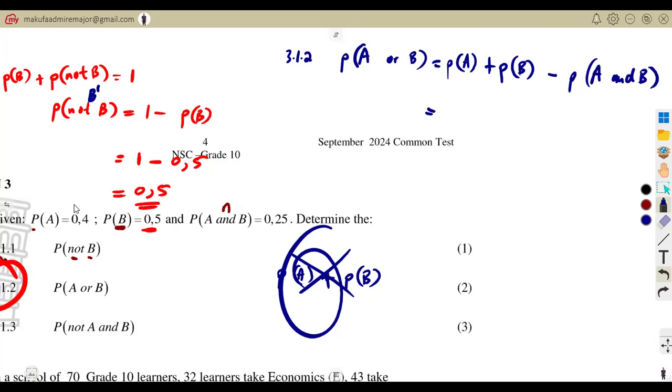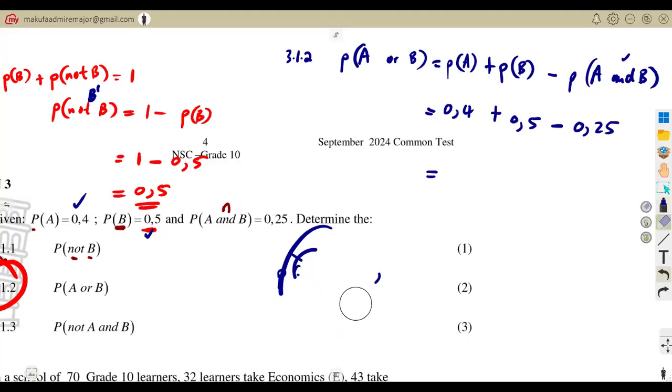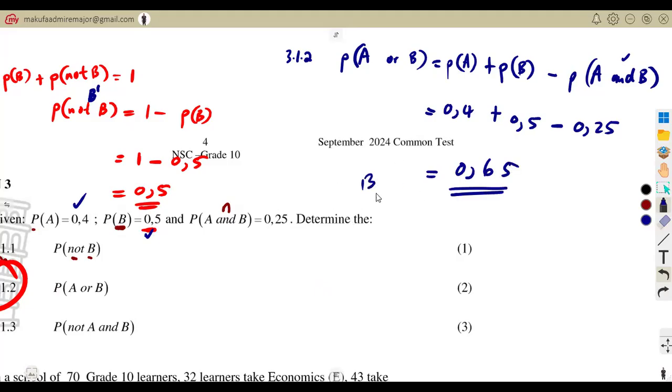The probability of A is 0.4, that of B is 0.5, minus that of A and B, which is 0.25. Simplifying this gives us 0.65 as a decimal. You can have it as a fraction, 13/20, since you are not given an instruction there. So that is the probability of A or B.